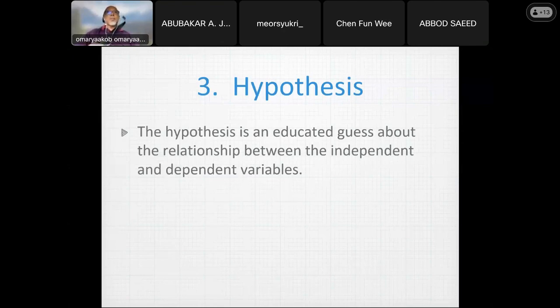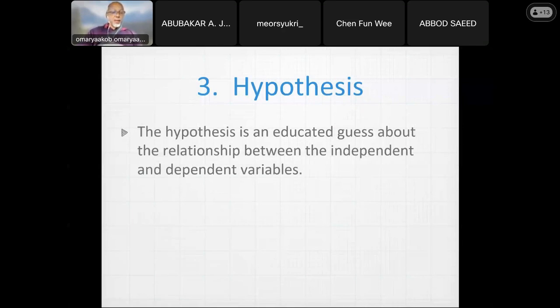Okay, for example, if I talk about engine performance, maybe it's easier. You want to see the effect of changing air fuel ratio on engine performance efficiency. Which one is the independent variable?